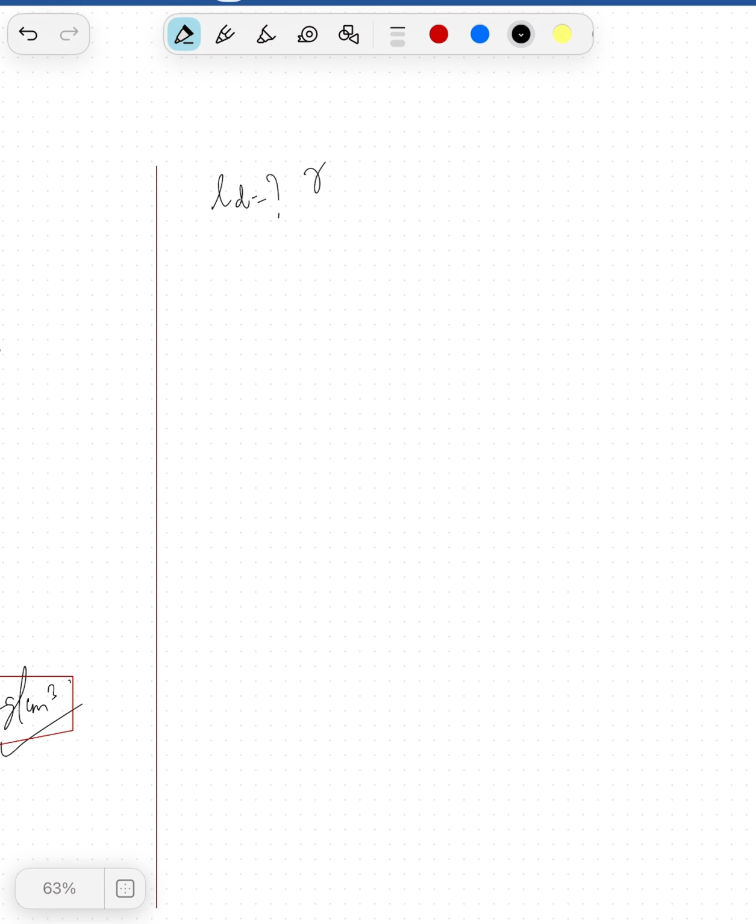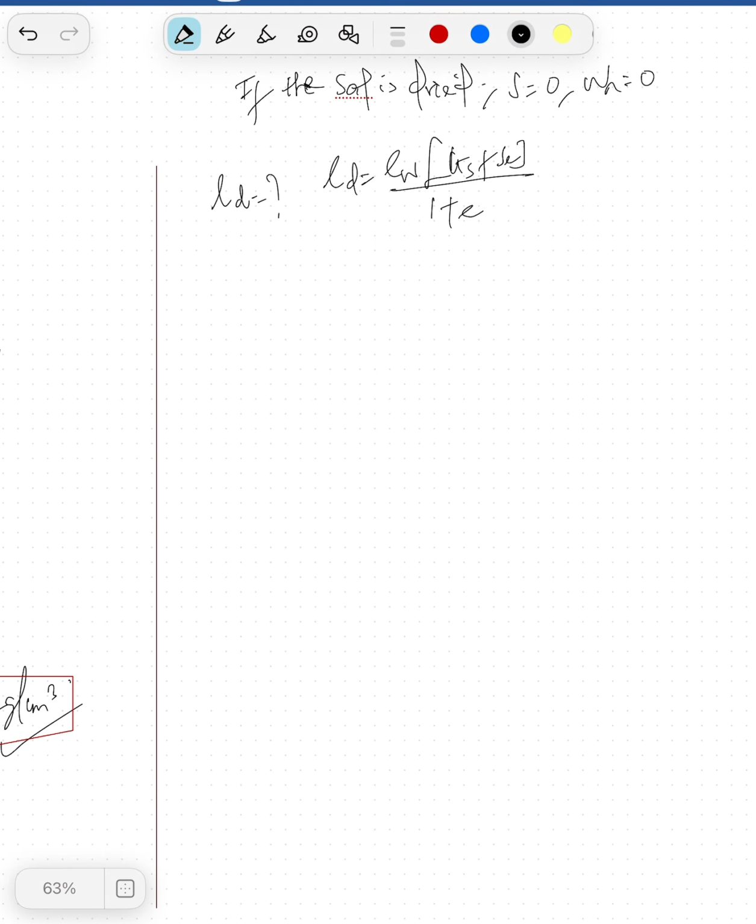And recall, total density equals what? Total density equals density of water times (GS plus SE) over 1 plus E. So if the soil is dried, that is S equals 0, water content equals 0.